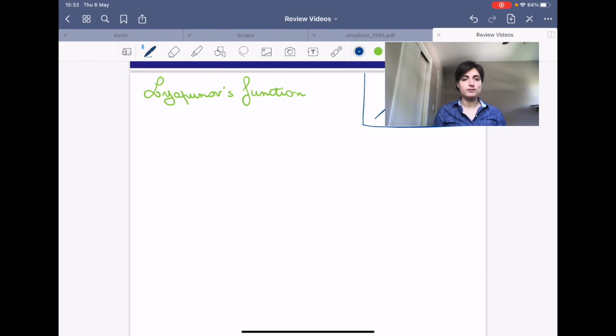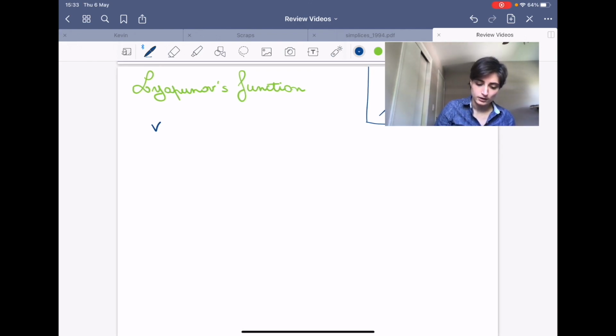We want to find something a bit more abstract that corresponds to the shape of the surface in a physical system. And what we have is Lyapunov's functions. What we want is finding a function v. So let's set up the situation first. We have x dot equals f of x,y and y dot equals g of x,y.